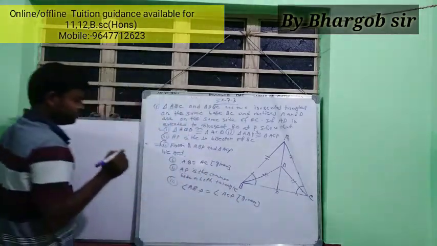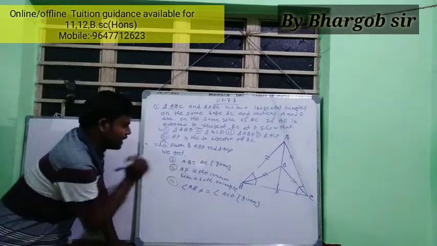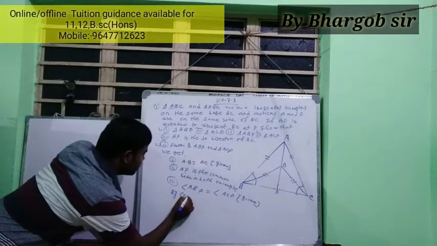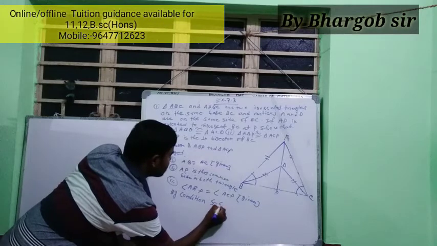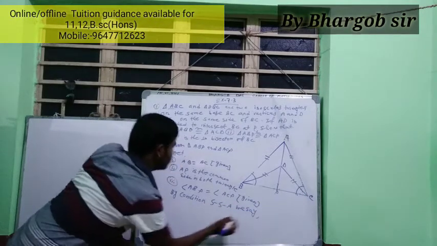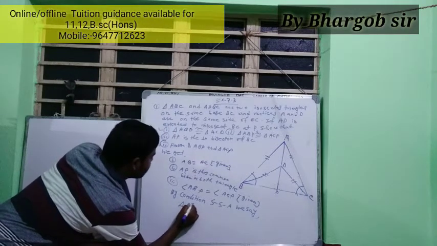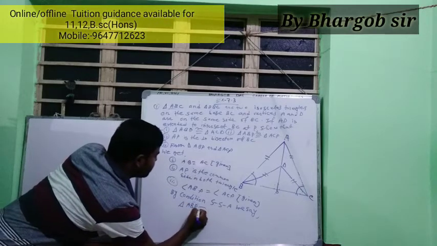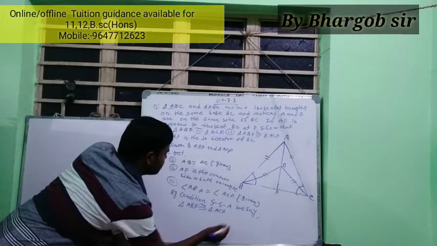No problem. And from this condition, here this is a side and this is an angle. So by the SAS condition, triangle ABP is congruent to triangle ACP. Proved.